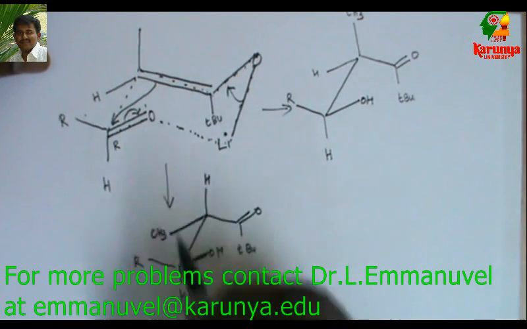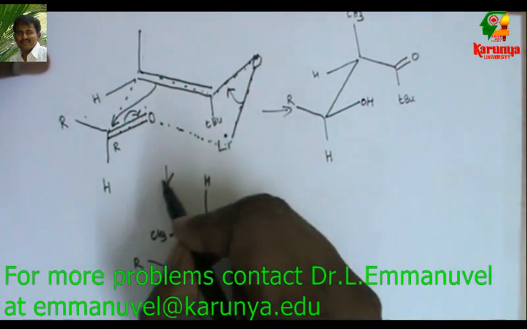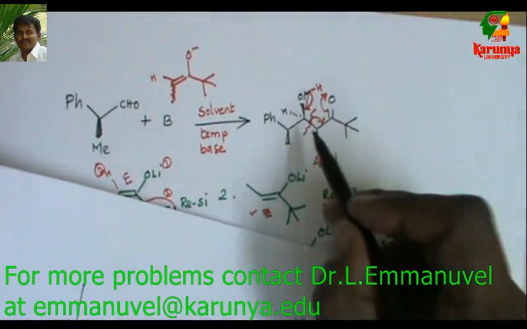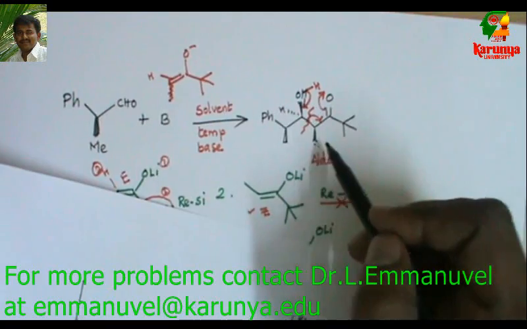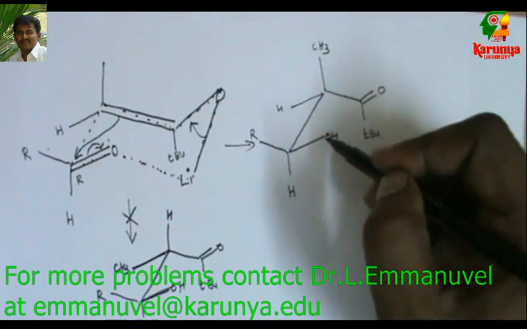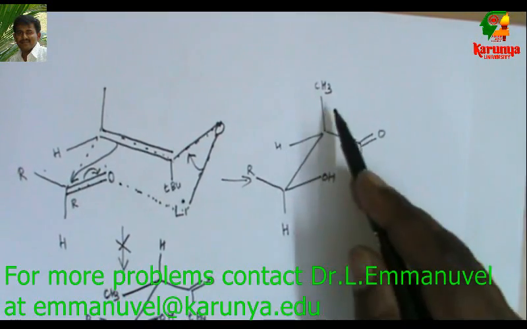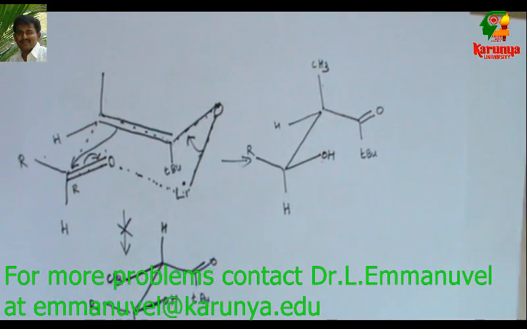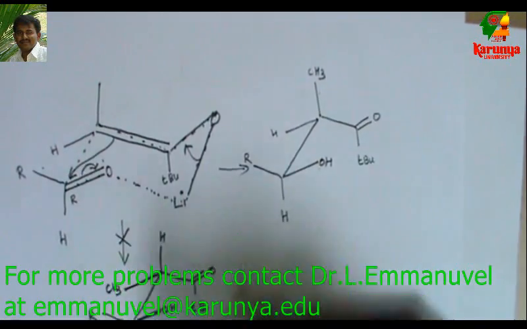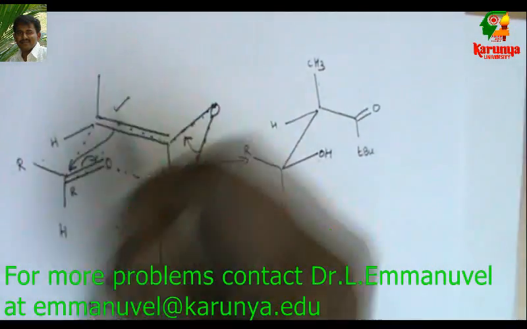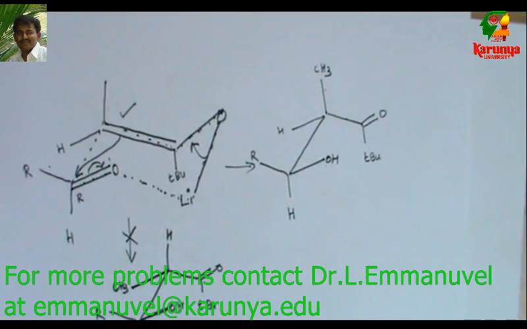So this is not possible. In the problem, they are given as cis. That is possible only in this. Axial and equatorial are cis in the 1-2 position. So this enolate is involved in the reaction, not the other one.